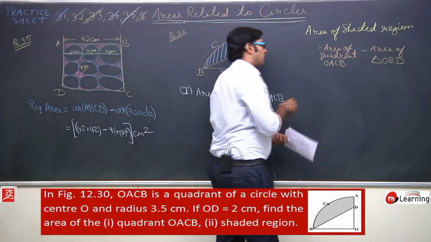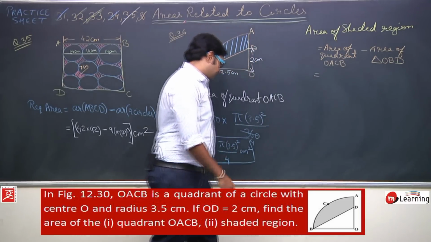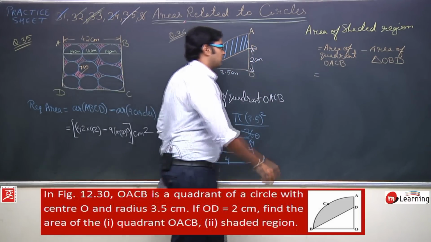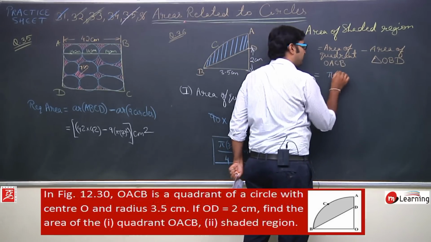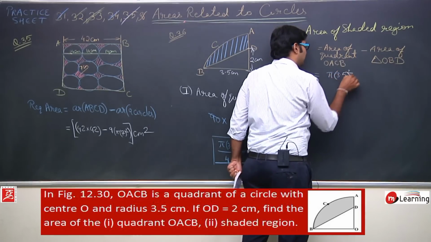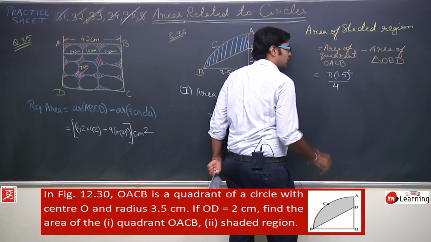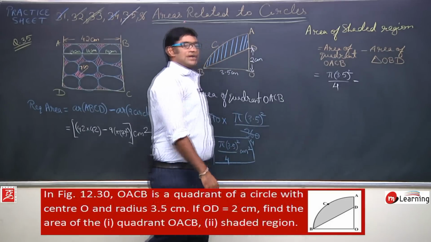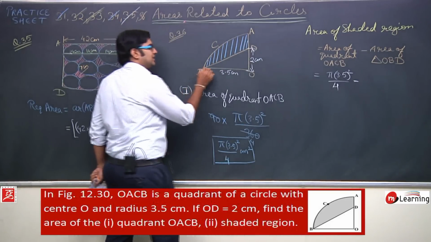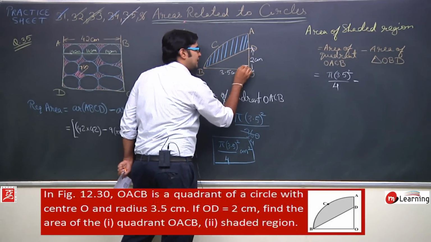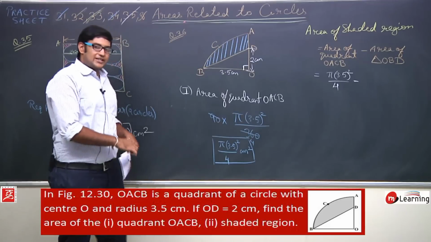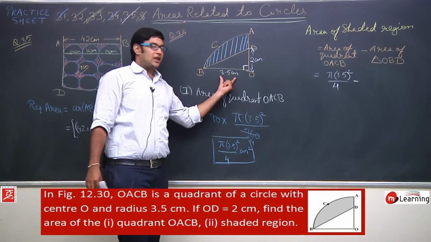Now the area of quadrant OACB is pi into 3.5 square divided by 4, minus the area of triangle OBD. You can see in triangle OBD this angle is 90 degrees, so this is the base of the triangle and this is the height.